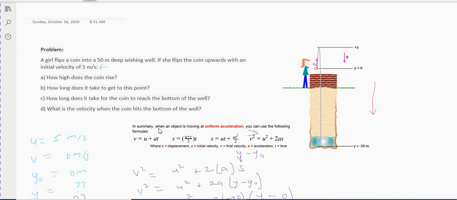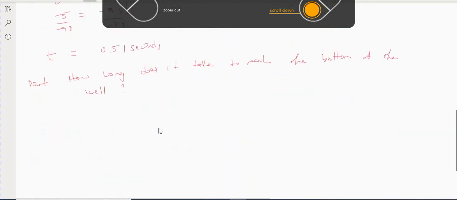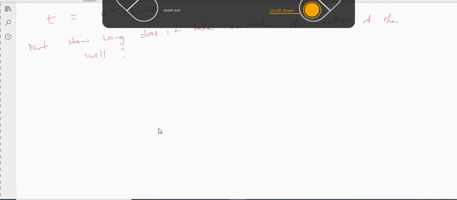So the coin is being displaced negative 50 meters downwards. That's why we can say negative. So from where the person is to where the coin is going to go, that's going to be negative 50 meters. And that's very key for us to understand in this part of the question.